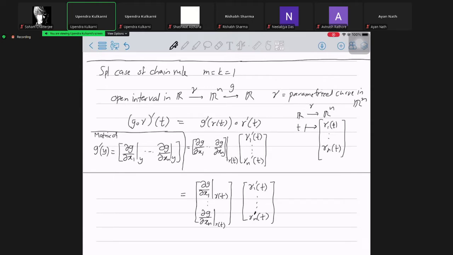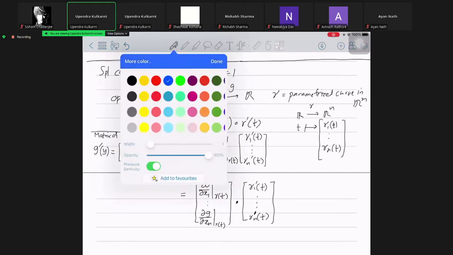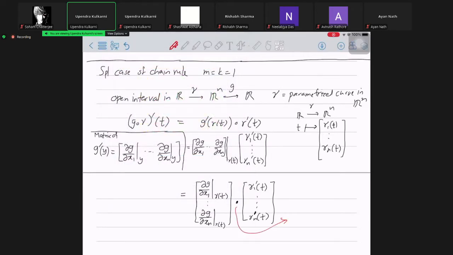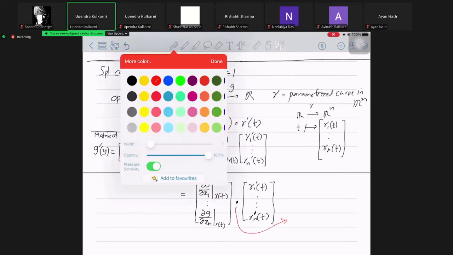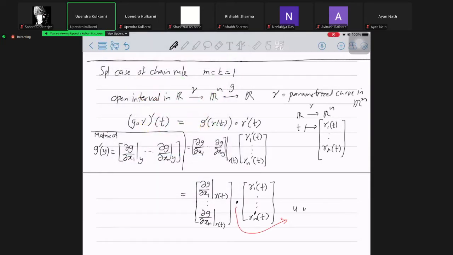What is that operation? Dot product. Exactly. So I do the dot product here, the usual dot product of vectors in Rn.